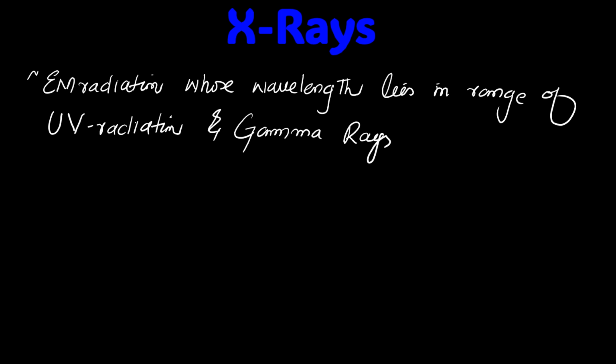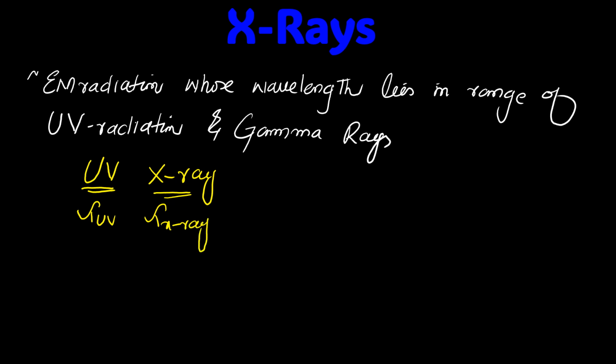So X-rays basically lie in the wavelength range near UV radiation. Their wavelength is between UV radiations and gamma rays.